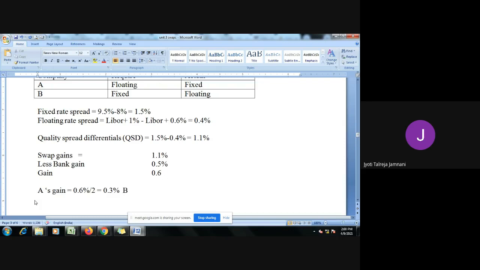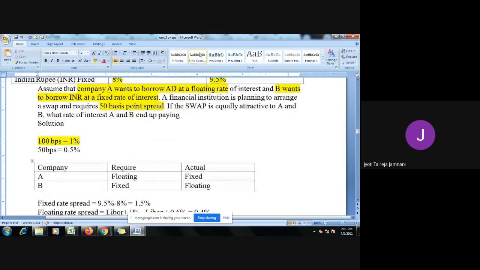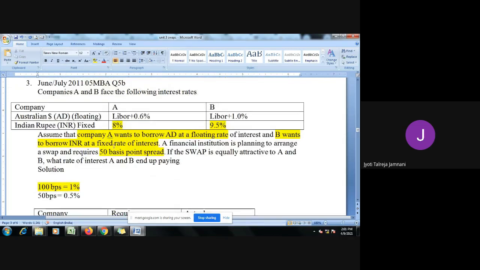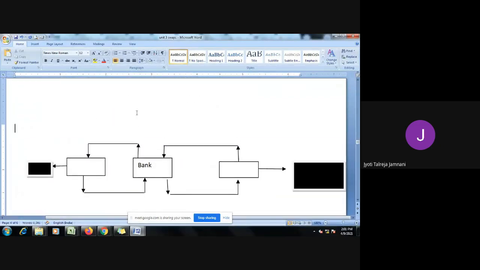Similarly, B's gain is equal to 0.6% divided by 2, which is equal to 0.3. So till here, I hope everything is clear. The only thing twisted that they gave in this problem is the basis points, and the question table is not given properly. Okay. Now let's do the swap gain diagram first.